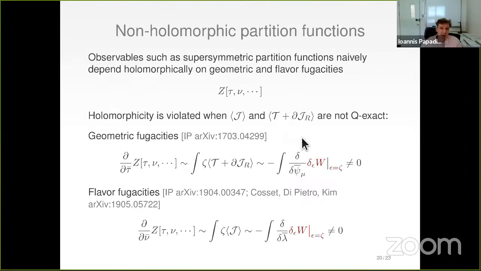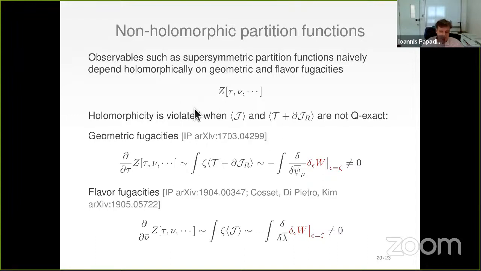So how does this affect the partition functions or other supersymmetric observables? The point is that the naive supersymmetry algebra generically leads to these partition functions naively being holomorphic in certain fugacities. So schematically here, I indicate by tau generic geometric fugacities, and by nu some flavor fugacities.